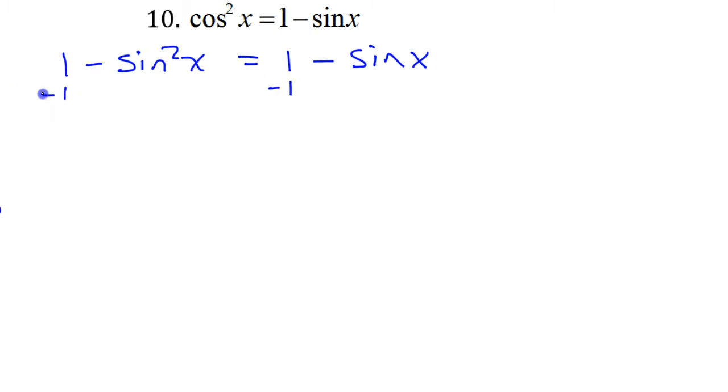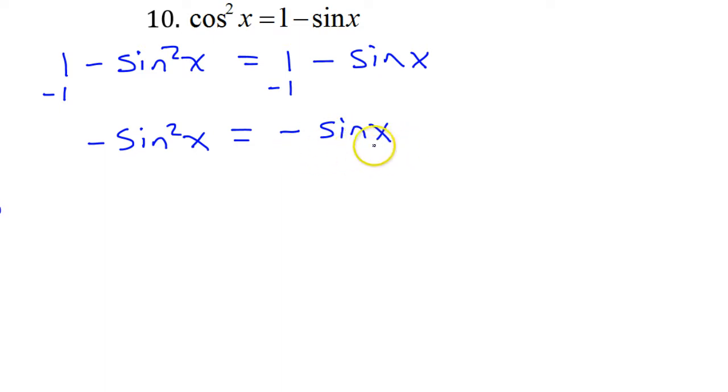Well, interestingly, if I subtract 1 from both sides, those completely cancel. So far I have negative sine squared x is equal to negative sine x. Now, you might be tempted to divide both sides by sine x or negative sine x. You are not allowed to divide by a trig function.